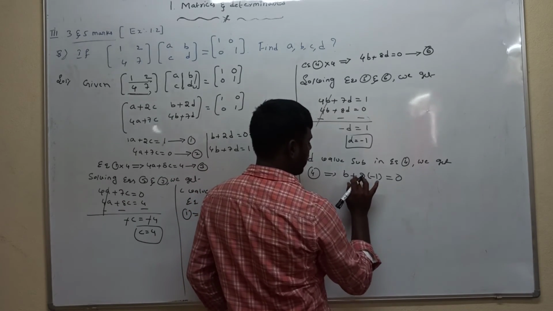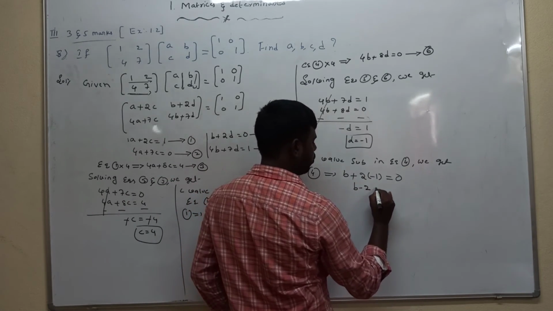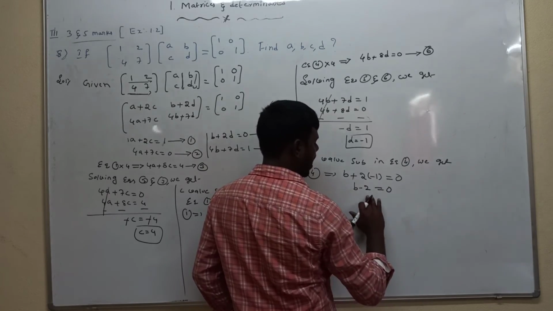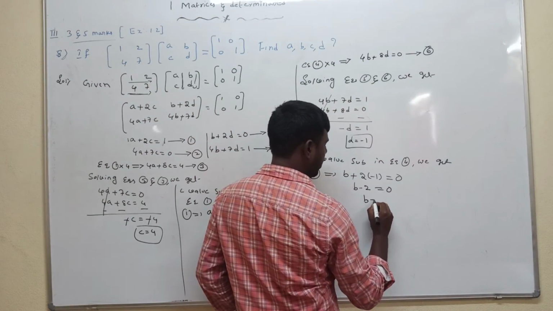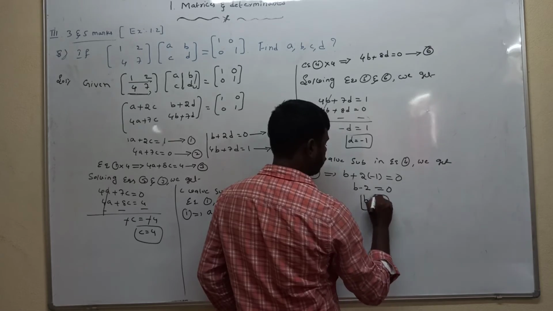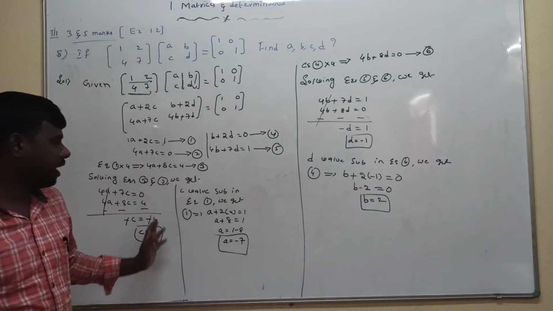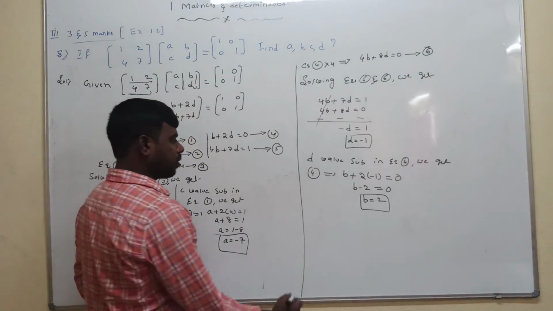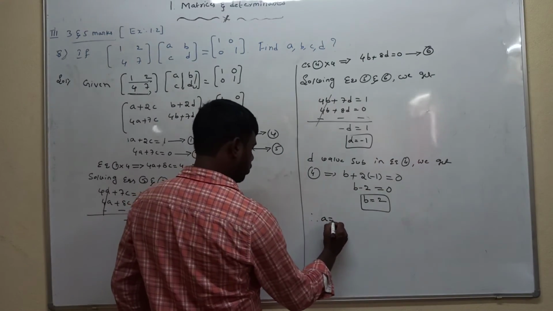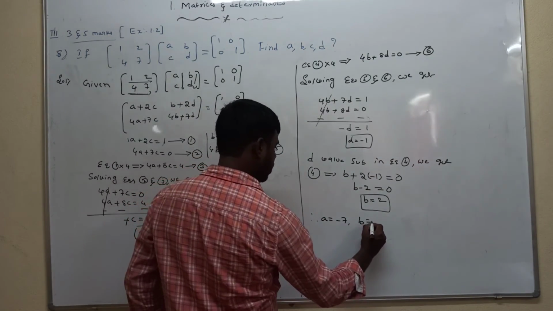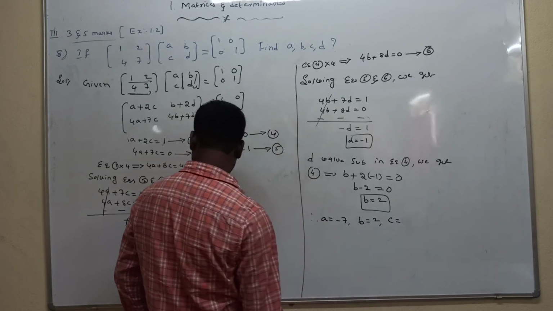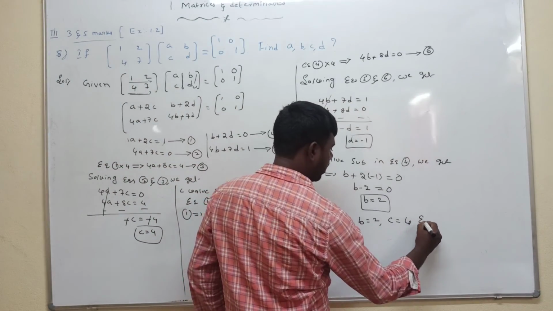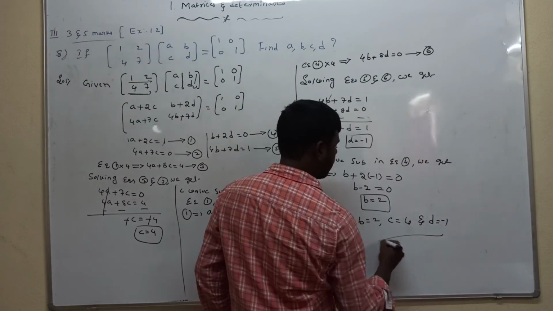In place of D, substitute minus 1: B plus 2 into minus 1 is minus 2, so B minus 2 is equal to 0. Taking minus 2 from the left-hand side to the right-hand side, we get B is equal to 2. So finally we got the A, B, C, D values. Conclusion: A is equal to minus 7, B is equal to 2, C is equal to 4, and D is equal to minus 1.